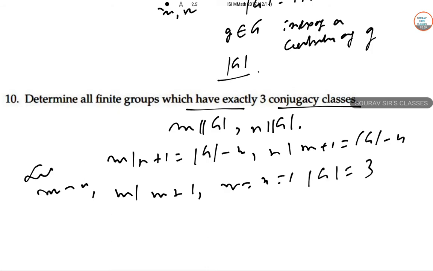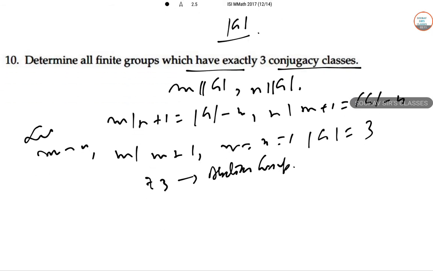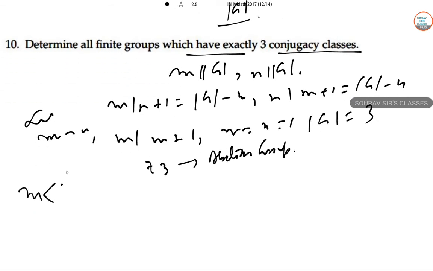So the only group of order 3 is the cyclic group Z3. It's an abelian group also, so it has exactly 3 conjugacy classes. Now if we assume the other case, that is m less than n, then m plus n less than or equal to n plus 1 minus m.